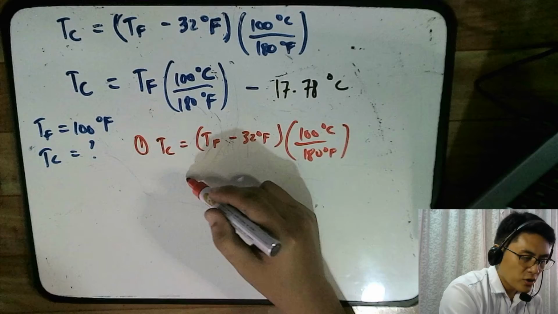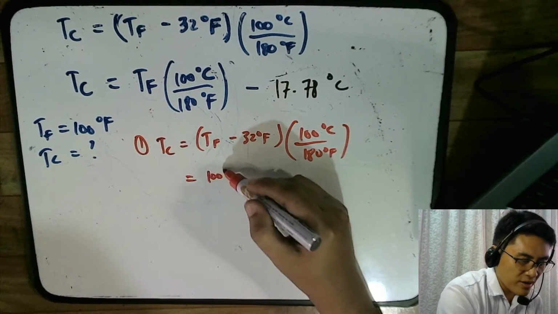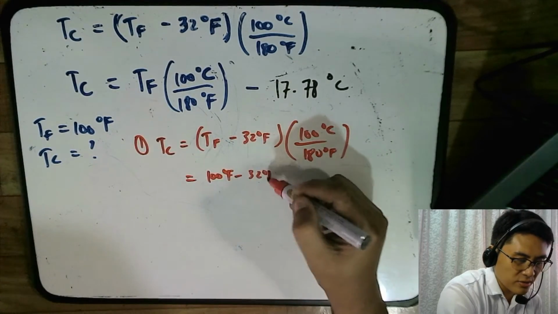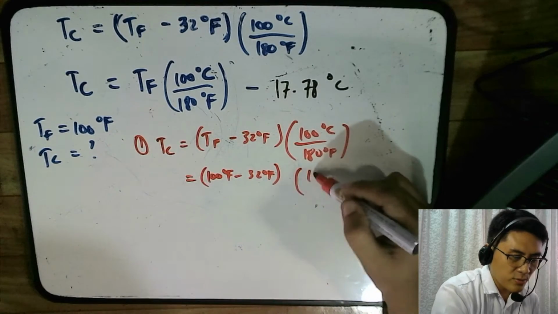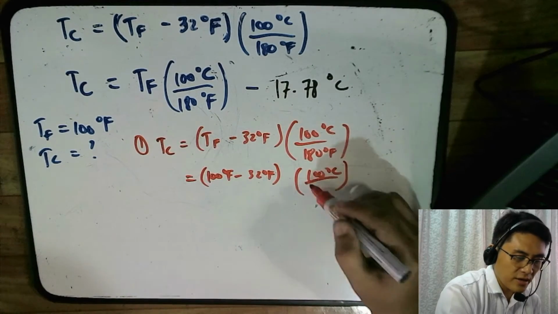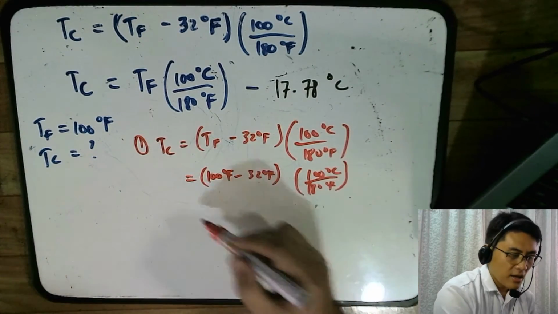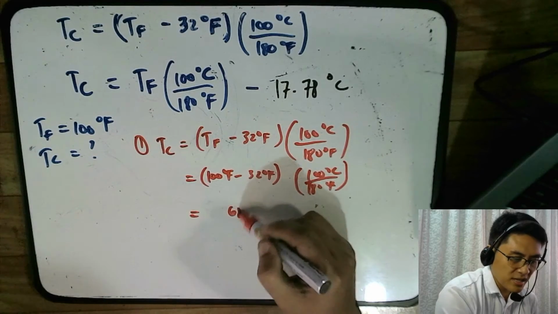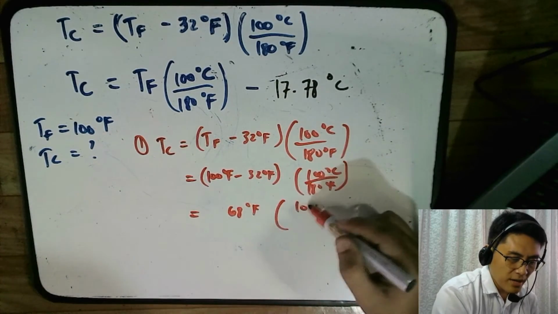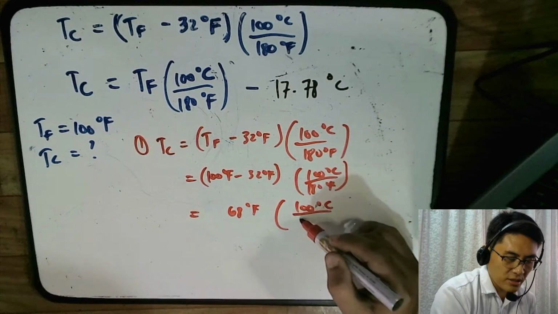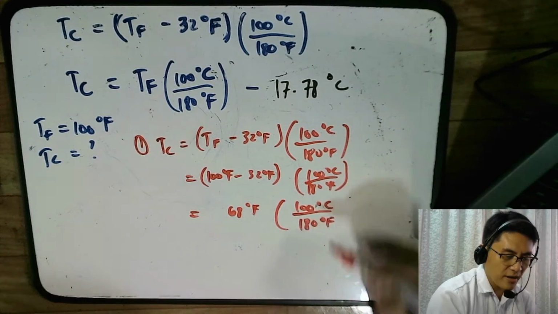So here, you take the given, which is 100 degrees Fahrenheit minus 32 degrees Fahrenheit times 100 degrees Celsius divided by 180 degrees Fahrenheit. And this becomes 68 degrees Fahrenheit multiplied by 100 degrees Celsius over 180 degrees Fahrenheit.